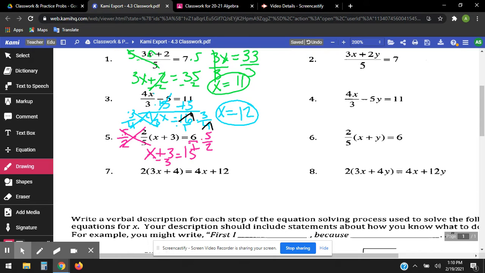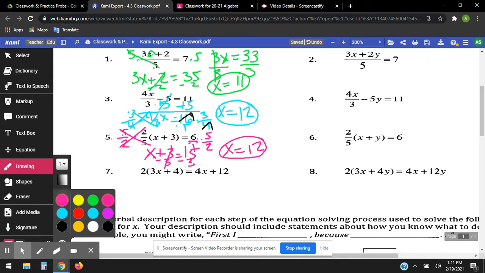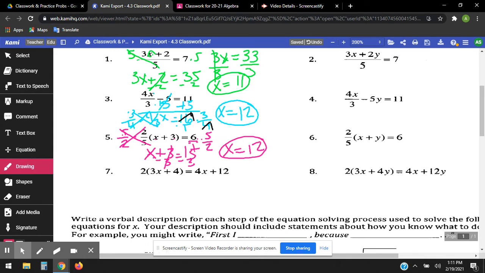Now I can subtract my 3 from both sides. x equals 15 minus 3, which is 12. We got another 12. Again, just to double check, 12 plus 3 is 15. 15 times 2 is 30. 30 divided by 5 is 6. That works.